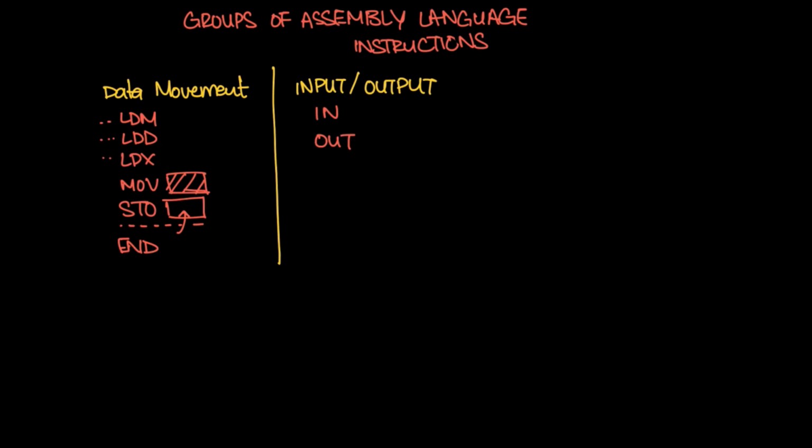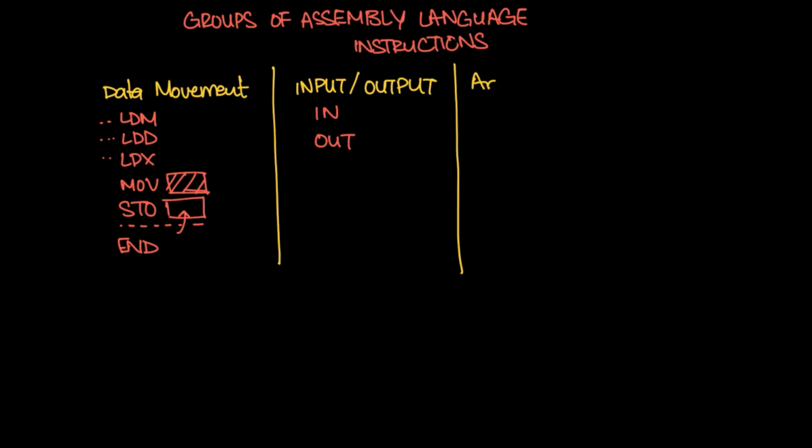IN takes in a character and stores its ASCII value in the accumulator, and OUT displays the contents of the accumulator on the screen or whatever output device you have. The contents of the accumulator are in ASCII format, so it converts ASCII to your normal character. So that's input output. It's a pretty short category. There's not much in it.